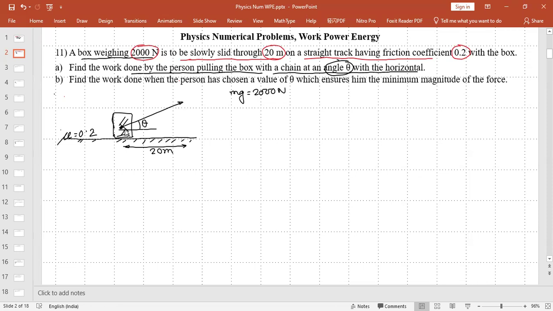Right? Now, once again, if we try to visualize the free body diagram of this box, then it has a weight force downward of 2000 Newton. And let us consider this force is F. This force has two components: F cos theta and F sin theta.